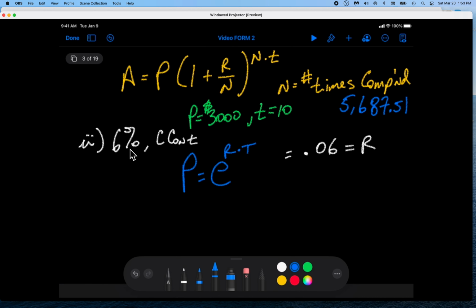I'm sorry, that is not correct as written. I apologize. Sorry about that. A equals P E to the RT. Principal amount, this is A of T, and the constant E, the rate in a decimal form, and the time in years.